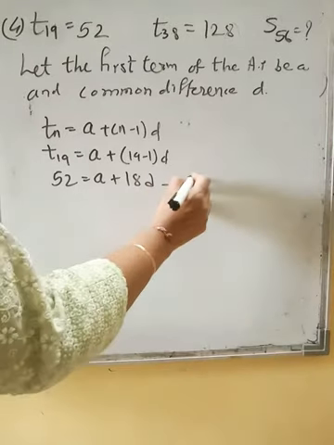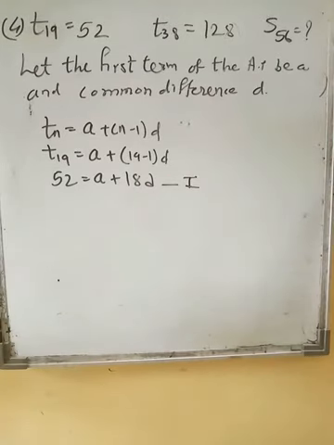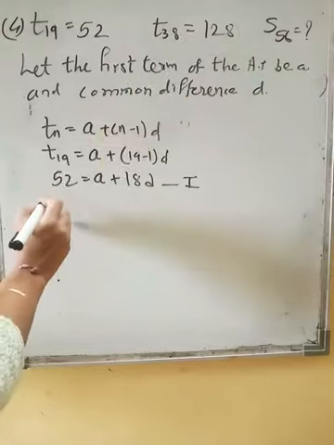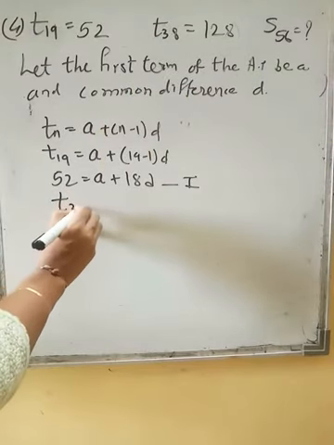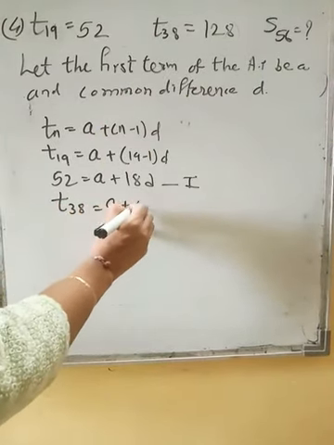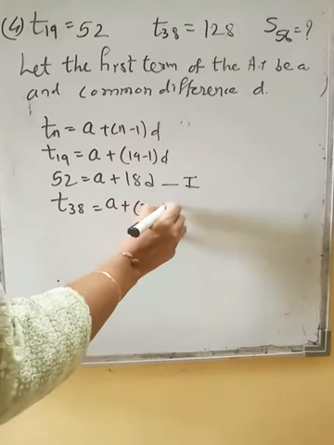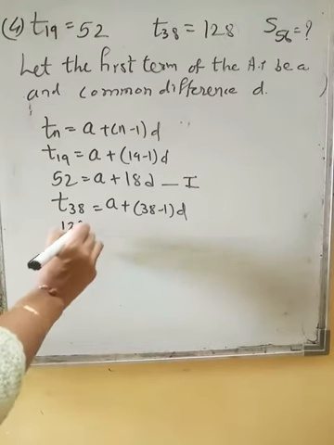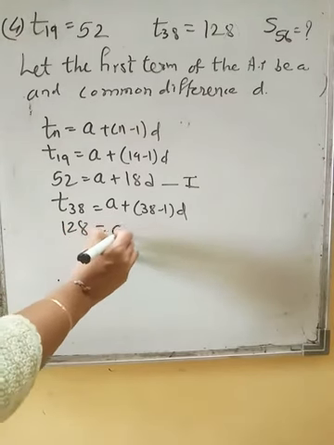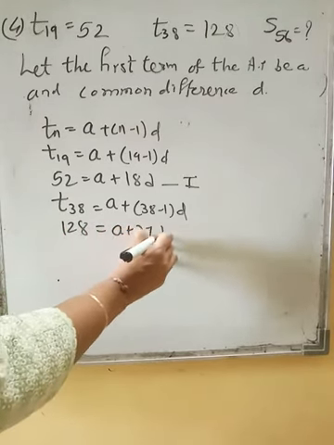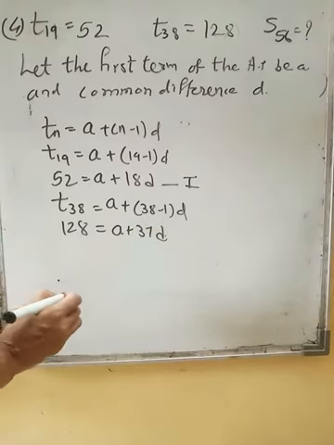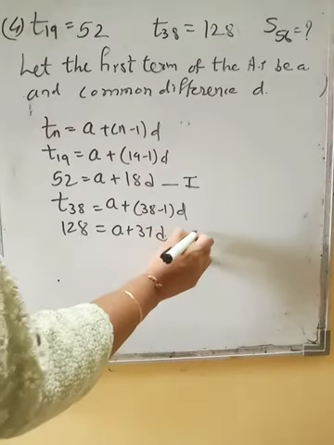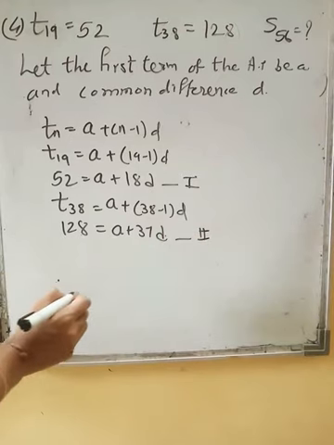Let it be equation number 1. Similarly, now T38 is given. So T38 is equal to A plus 38 minus 1 into D. The answer is given as 128. So 128 is equal to A plus 37D. This is your equation number 2.